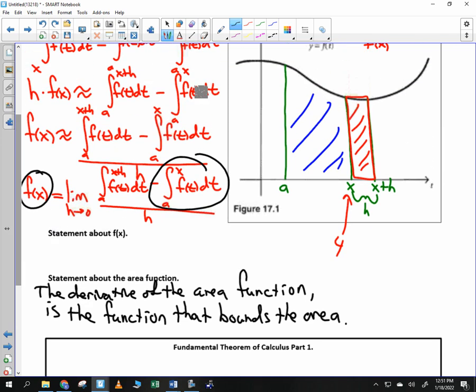The derivative of the area function is the function up here that bounds it.